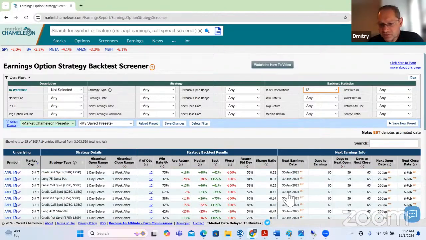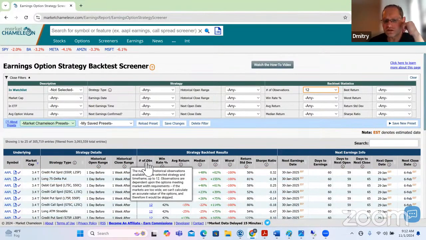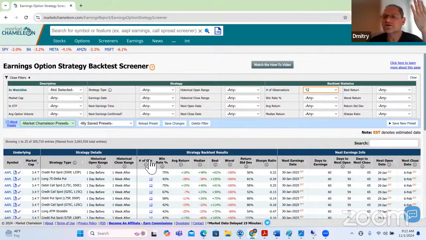So I'm reading from left to right. Here, number one, it tells us how many data points are in our observation, which is important. Are we looking at 10 years of data, one year, 3 years? What are we looking at here? Because that's important. We need to know what we're analyzing.